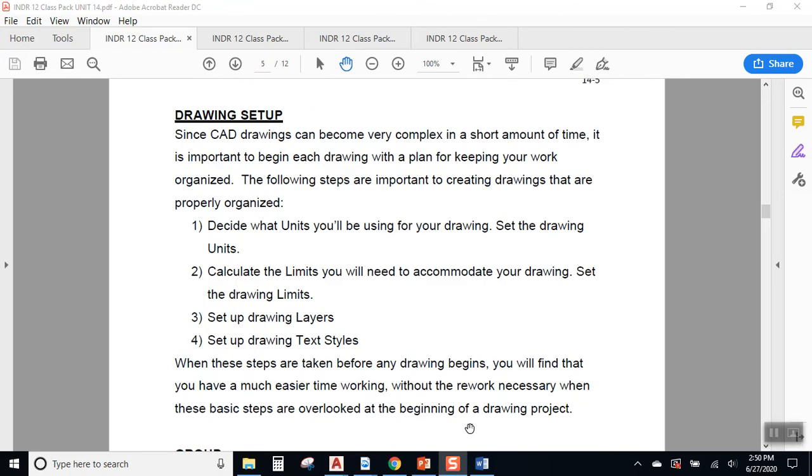That leads us to a discussion of drawing setup. And what does that mean? Well, drawing setup just means that before you start drawing things, think about what you're going to be doing and then get the file ready to go.